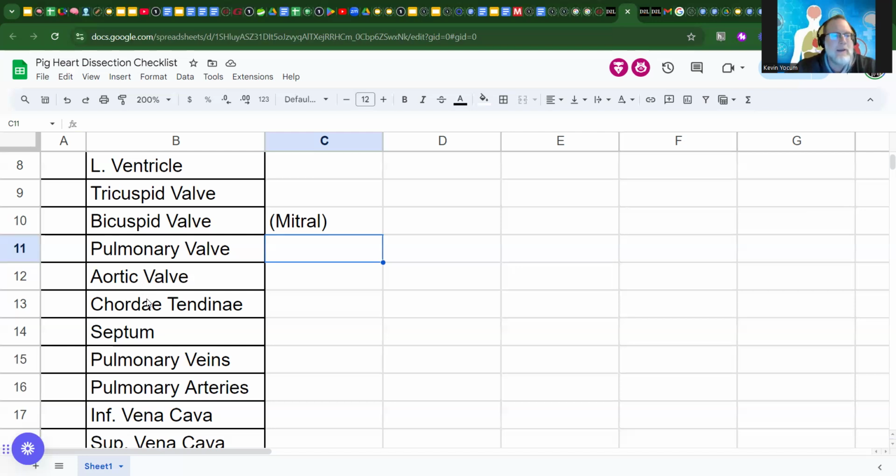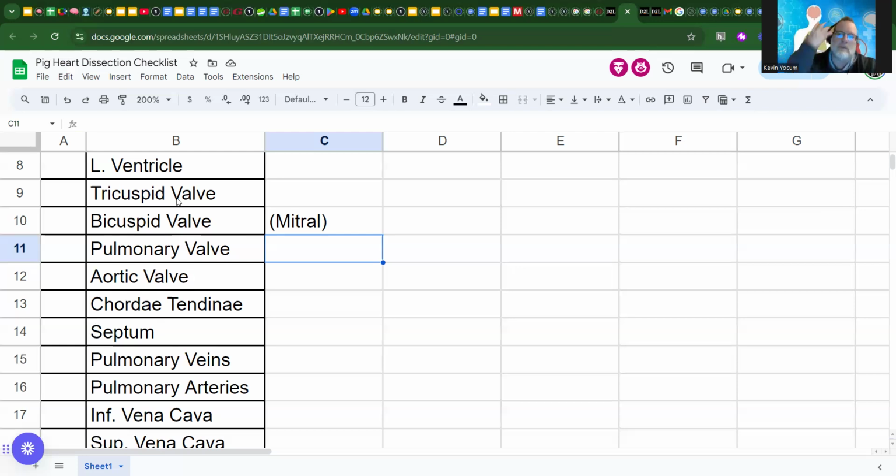A couple things we'll see inside of the heart. By the way, a valve anywhere in the body, heck, anywhere outside the body, in plumbing and whatnot, valves prevent backflow. The structure is a valve; the function is that it prevents backflow.